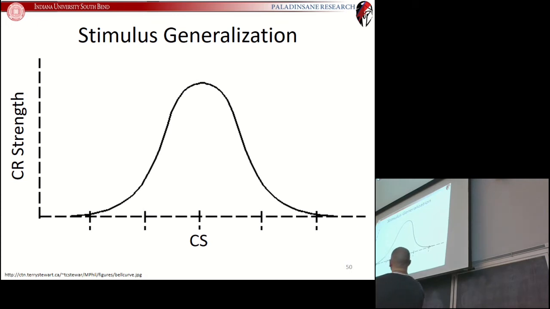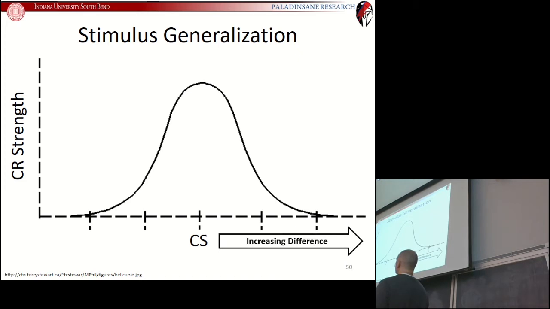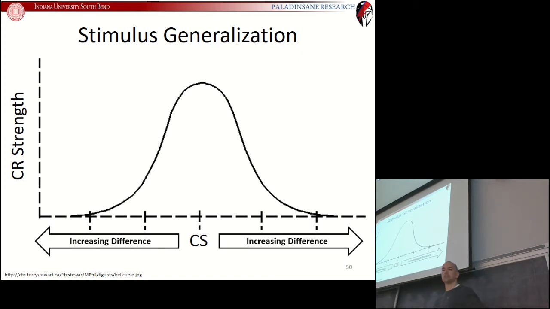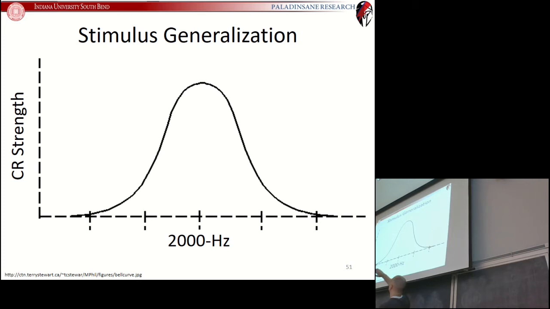And then on this x-axis, we have increasing difference going in both directions, right? So if it is a sound like a 2000 hertz tone or a 2000 hertz bell, this is the stimulus that the dog was trained on, and it leads to the largest conditioned response.